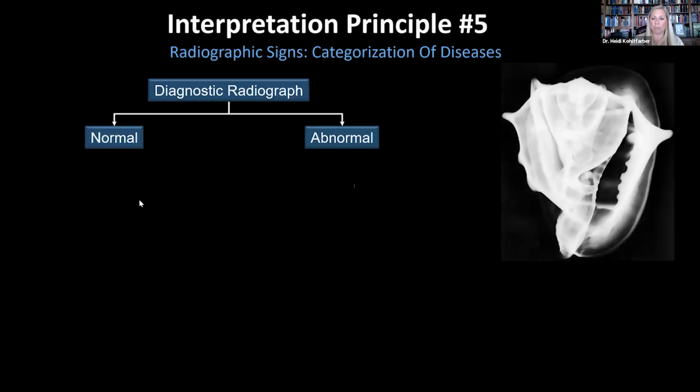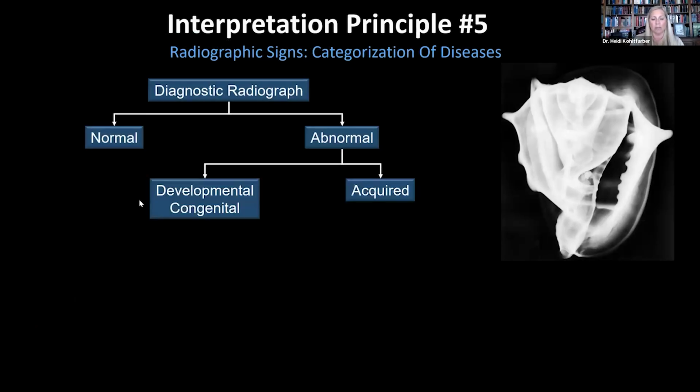And then, of course, it's going to drop it into a category. Is this normal versus abnormal? Maybe it's developmental versus acquired. And then if it's acquired, is it trauma or inflammation? And these are things that in dentistry we're very, very good at. Our acquired pathologies like trauma and inflammation we see day in and day out.